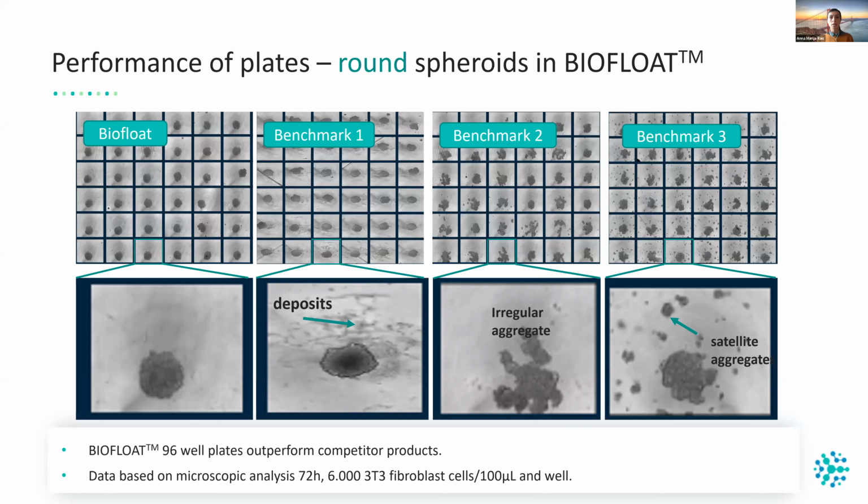In 3 other benchmark products, spheroids were also formed, but they show small deposits, irregular shape, or satellite aggregates. So in comparison to other plates, our bioflow plate outperforms in performance.